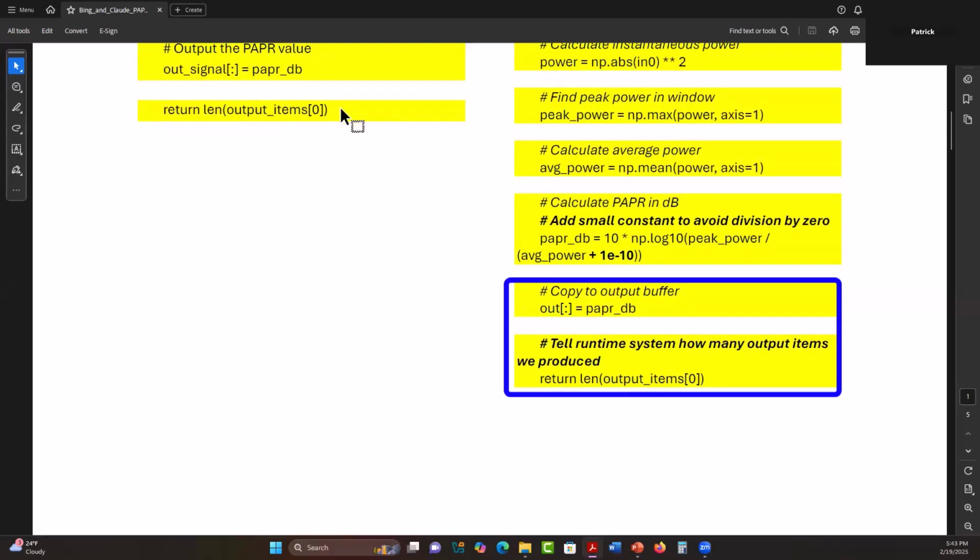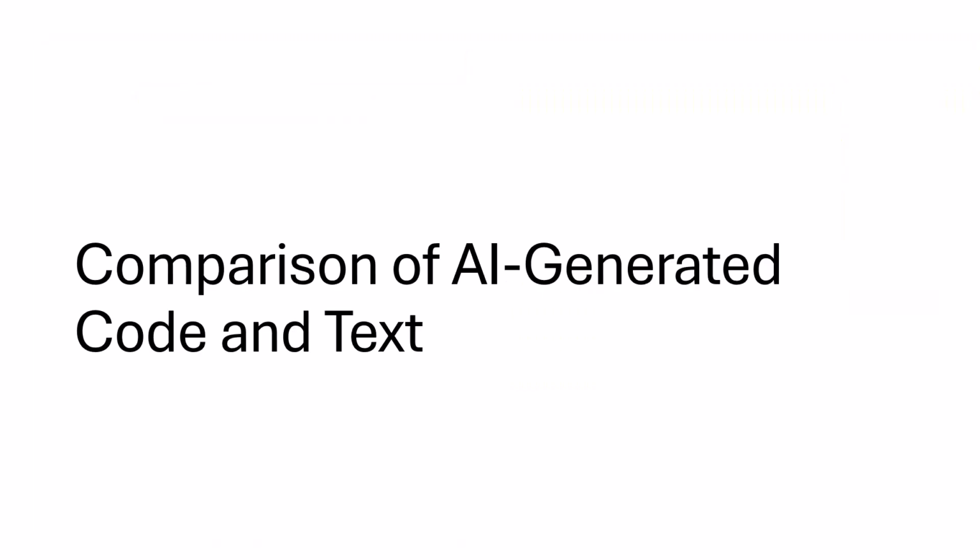So this output array is set equal to the single value of PAPR underscore dB, and in both cases, that value is that ratio calculated for the most recently received block of input data. And again, we just tell how long that array is that we're passing to the next block as an output, and GNU Radio will take care of the rest.